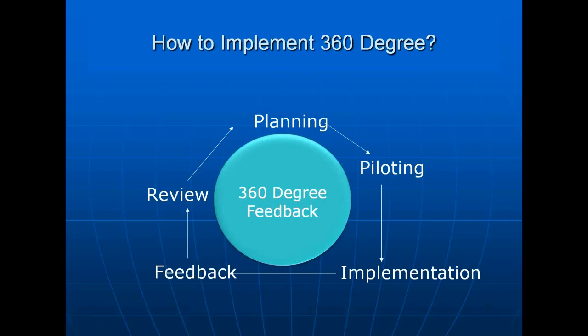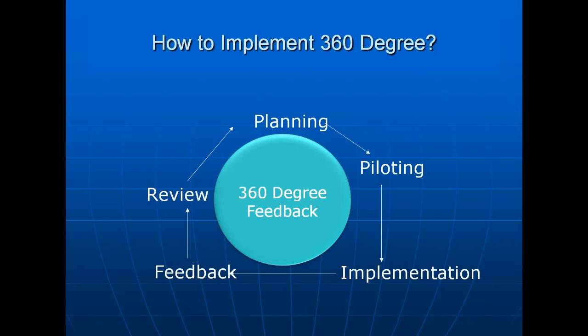Except that in a 360 degree assessment, feedback is the most crucial phase. Feedback is the actual goal, as opposed to a typical program development where success of the program is the ultimate goal.